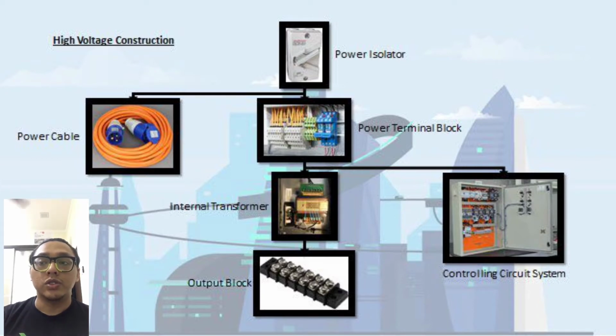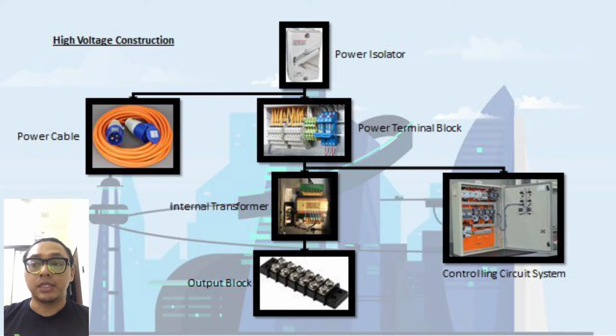Today we are going to use the Kit 4.0 high voltage construction kit, which is the latest technology from Haefely Hipotronics, Switzerland. As for the high voltage construction diagram, you can see that from the power isolator we connect to the power terminal block.